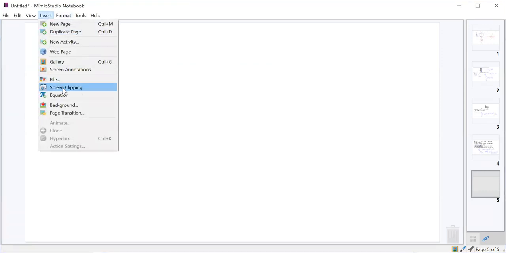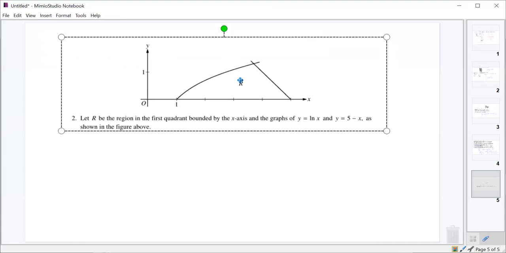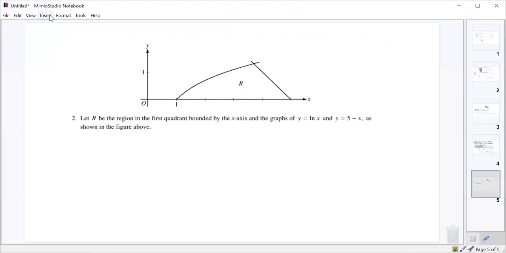All right, so here is number 2, and then part C is asking us that in there also.